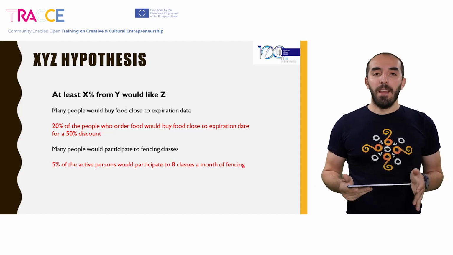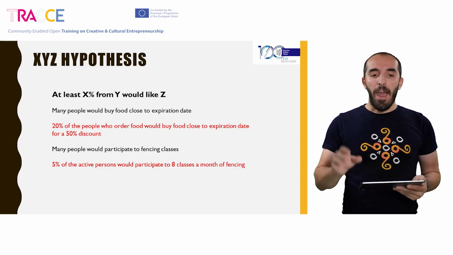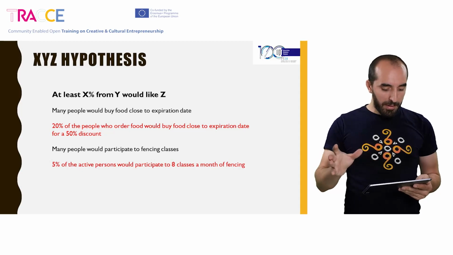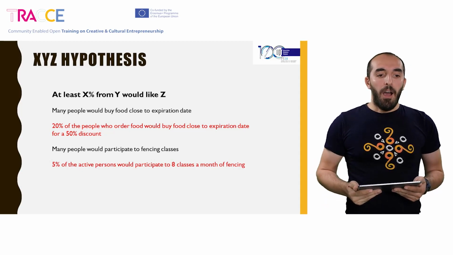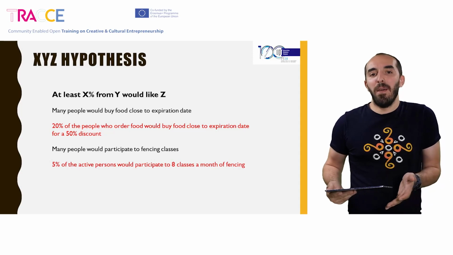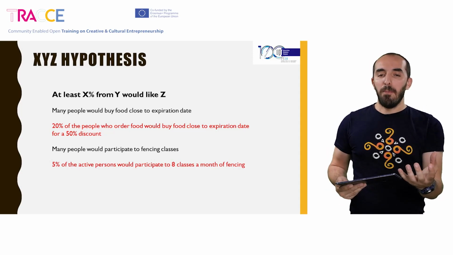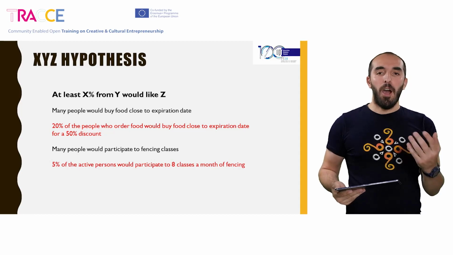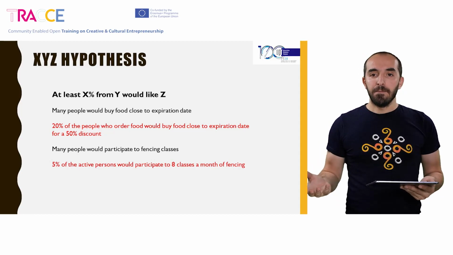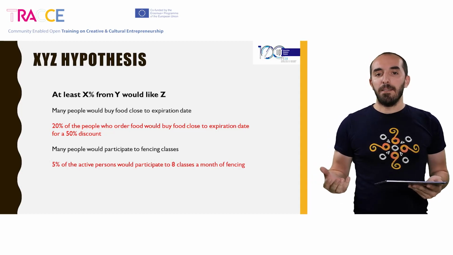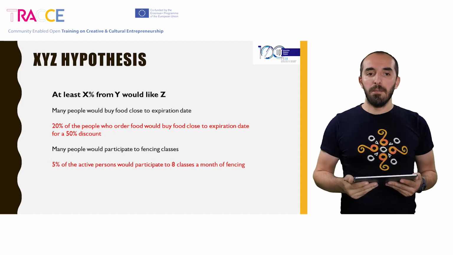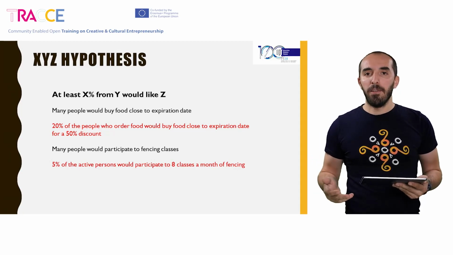Now, you see that I've used actual numbers, actual figures, 20%, 5%. How did I choose these figures? Well, this depends on the problem. This depends on the hypothesis. For example, for fencing classes, I presumed that there are around 20 sports which are more popular to persons.